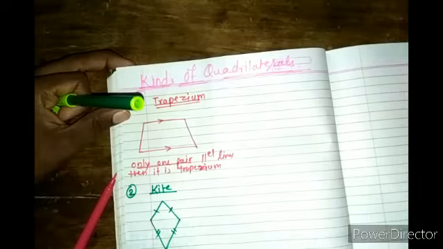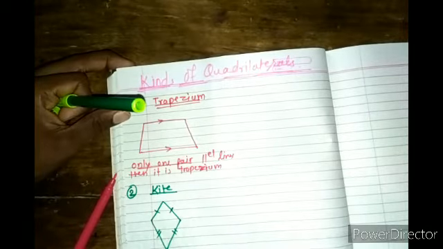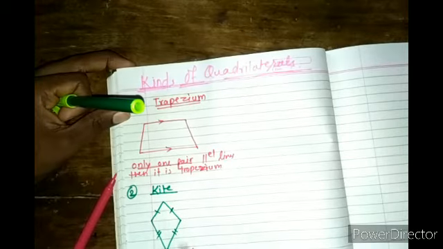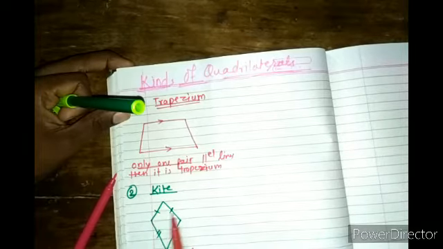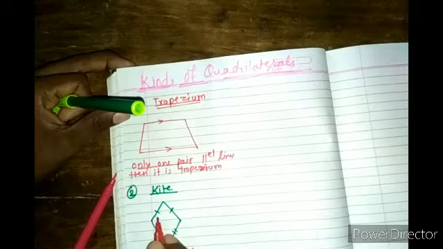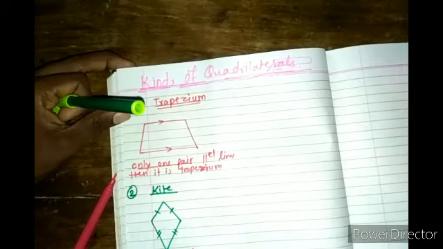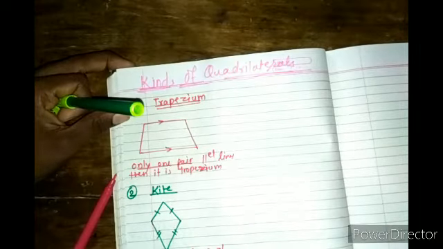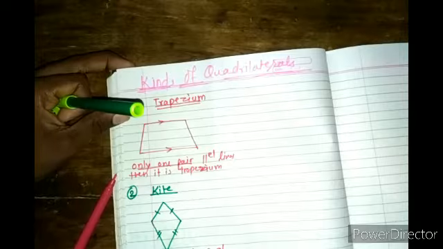two pairs of equal consecutive sides. Because of this marking the equal sides are there, but how are the sides consecutive, right?